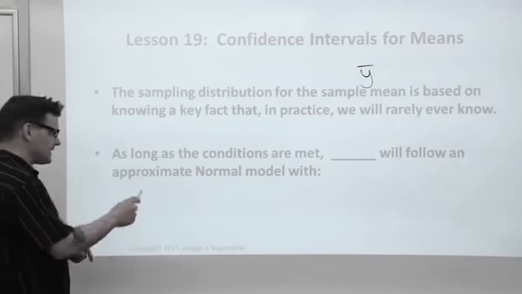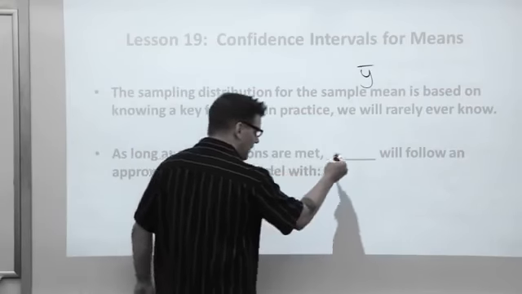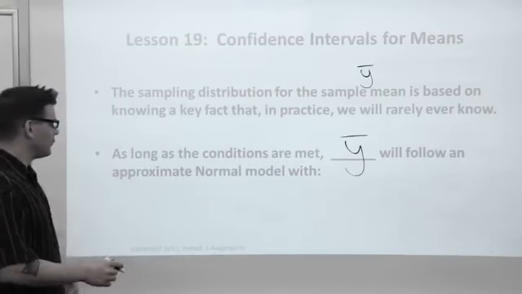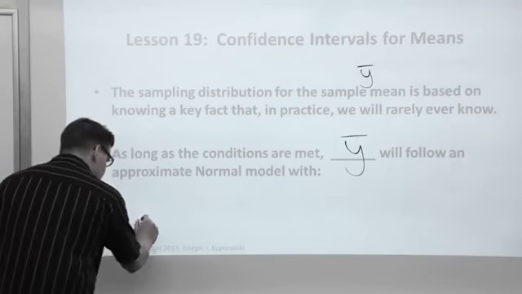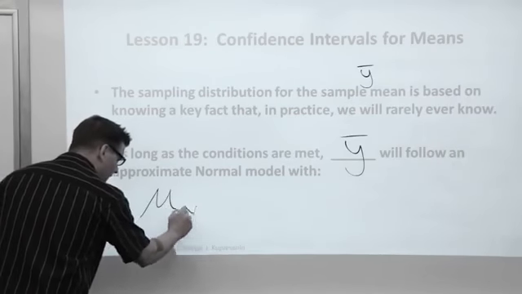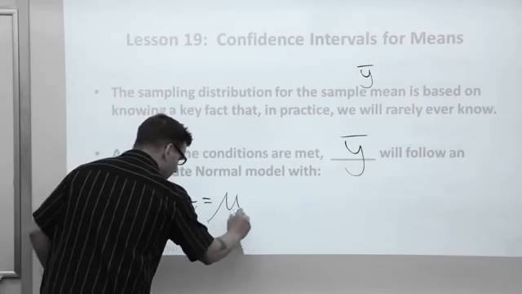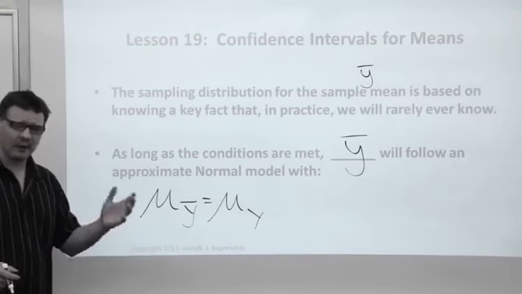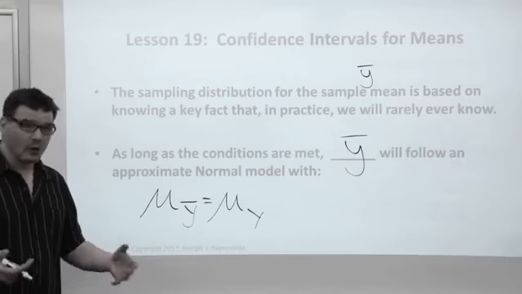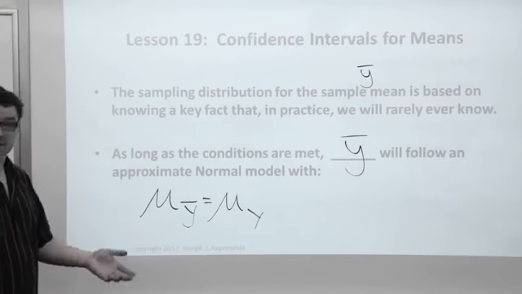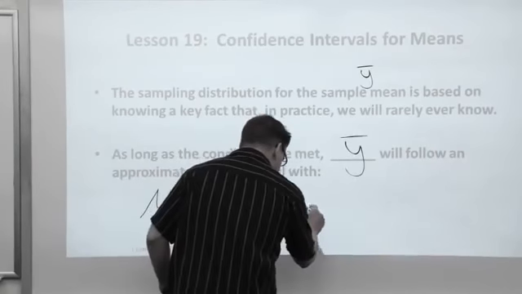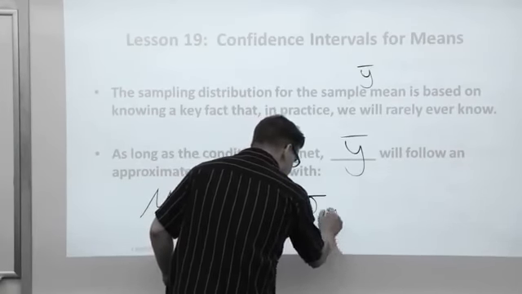As long as the conditions are met, y bar, that's the sample mean, will follow an approximate normal model with this mean. The mean of y bar is equal to the mean of y. So the mean doesn't change. If I'm looking at one observation at a time or a collection of 100 and averaging them out, the mean doesn't change. Standard deviation does change.